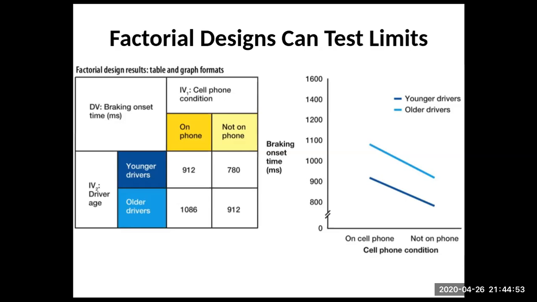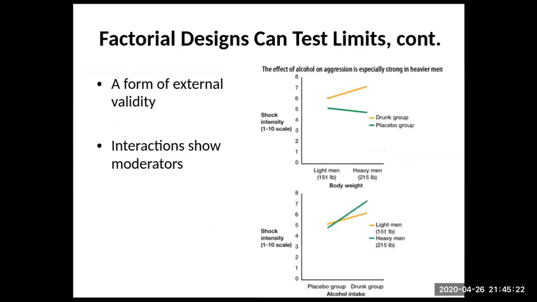If you go 912 minus 780, and then you go 1086 minus 912, you'll get roughly the same number, which shows in a couple different ways, and I'll get to this way a little more with practice, that you can see that the lines are pretty parallel, which means we do not have an interaction between cell phone type and age of the driver. Hopefully that's understandable.